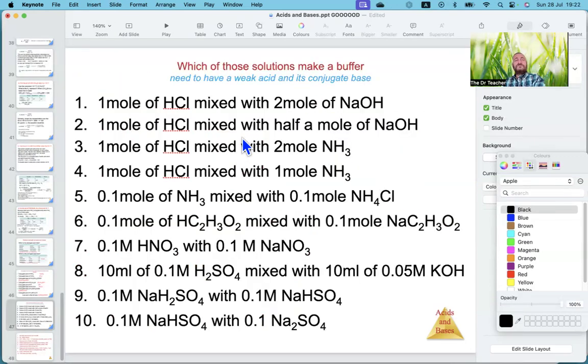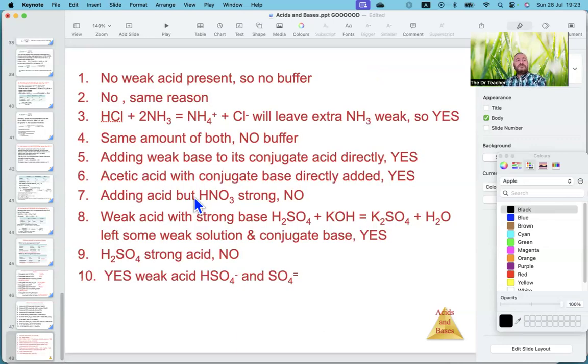No buffer. Number 5, 0.1 mole of NH3 mixed with 0.1 mole of NH4Cl. Okay, let's do the equation here. So you have NH3 and NH4Cl. If you mix them, it will be NH4Cl and NH3. So adding a weak base to its conjugate acid directly.